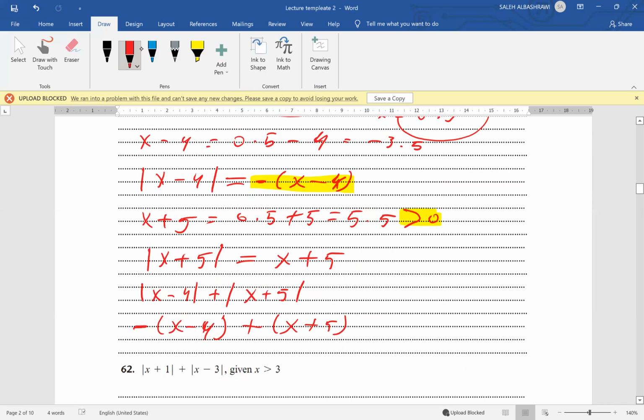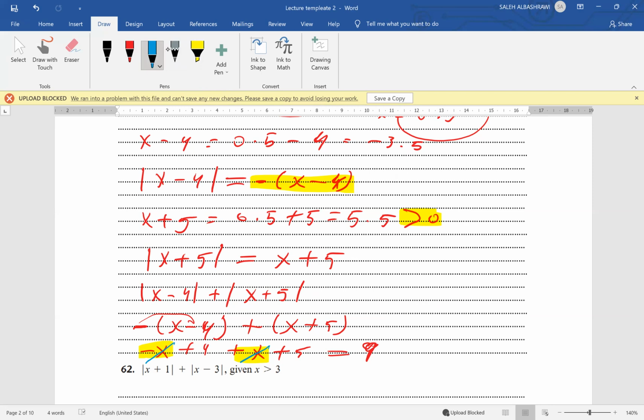This can be written as minus x, minus with minus gives plus 4, plus x plus 5. Now, minus x plus x will cancel each other. So 4 plus 5 will give me 9. So this expression will be equal to 9.